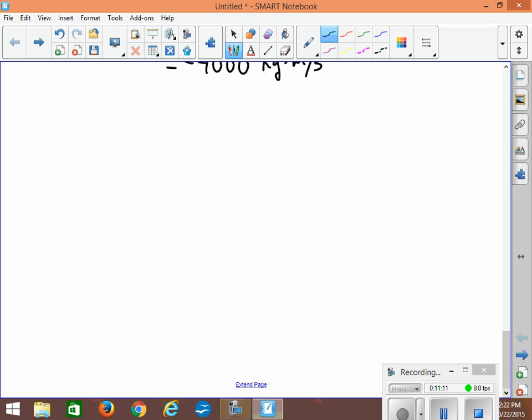Now we have one more thing to think about. Let's think about the force that we were thinking about before. How is the force related to this momentum and this change in impulse? Well, in order to change the momentum of something, you have to change its velocity.